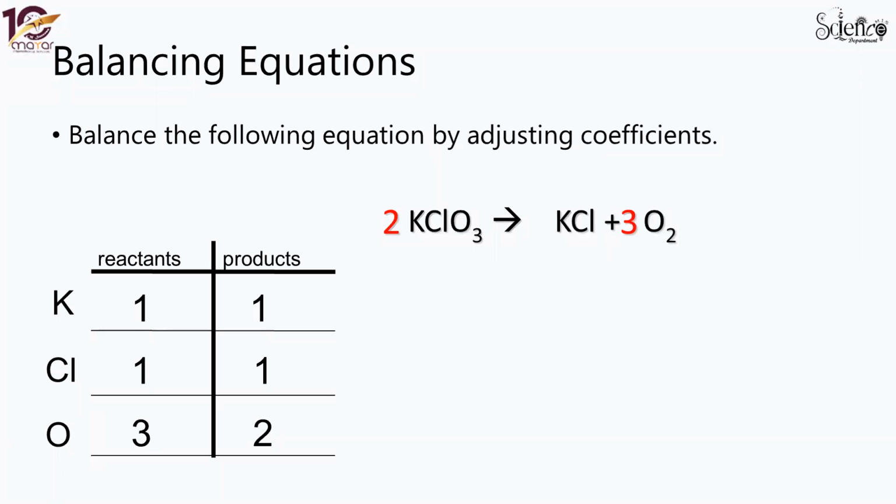Okay. Now we did a change. Let's count the new number of atoms. Now potassium is 2, chlorine is 2, and oxygen changed to 6. Good. But now it's not balanced again. Now potassium and chlorine are not balanced. So what do we do?